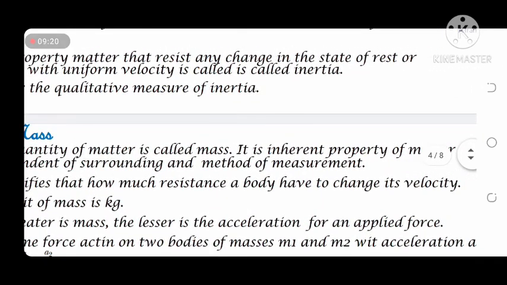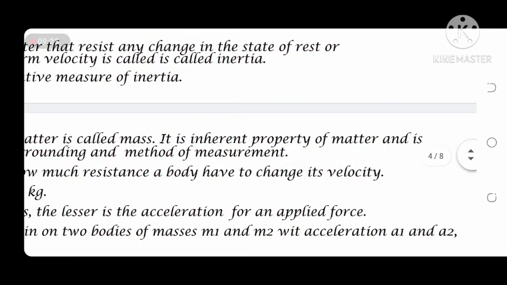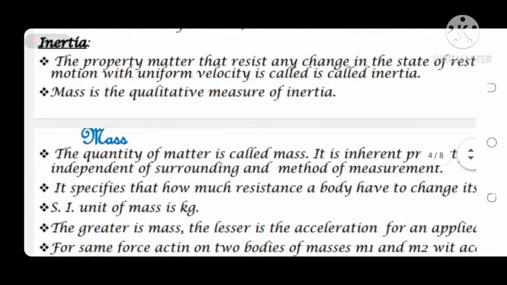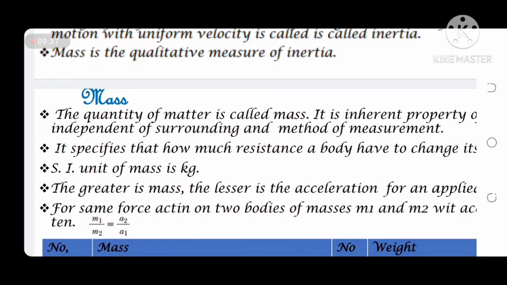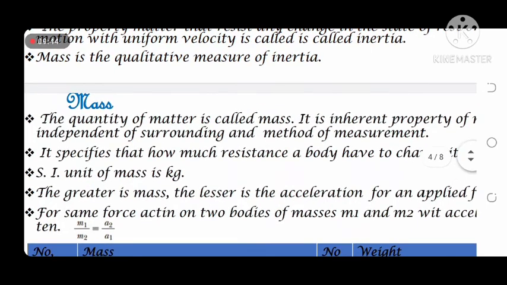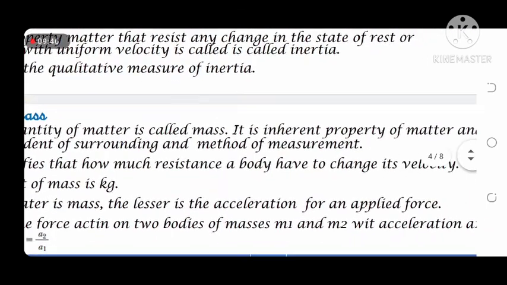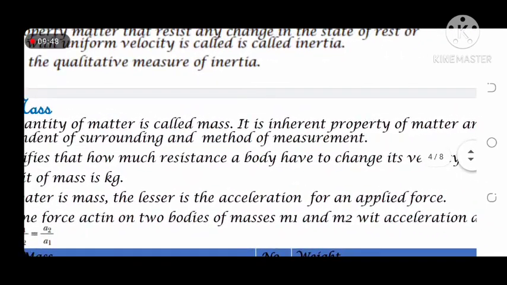Mass is the inherent property of matter and is independent of the surroundings and method of measurement. So we can say that mass is the fundamental property of matter. Mass specifies how much resistance a body has to change its velocity.